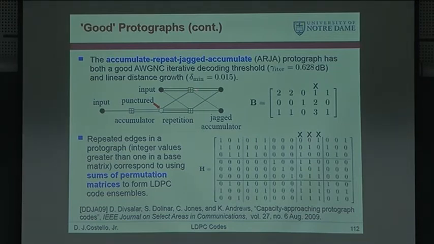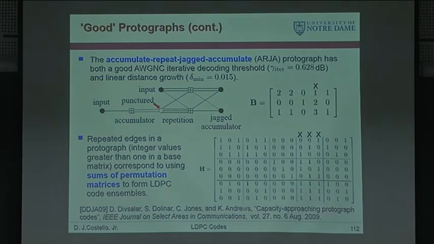So each of these nodes is repeated m times, and the permutations are spread all over. What that means in terms of the big H matrix is that whenever you have a double edge like this, instead of having 1 permutation matrix, you have the sum of 2 permutation matrices. So this little submatrix corresponds to a double edge, as does this one, because it's 2 different permutation matrices added up. So the row weights here are 2 and the column weights are 2.